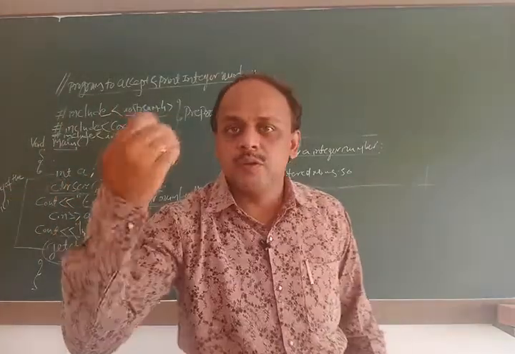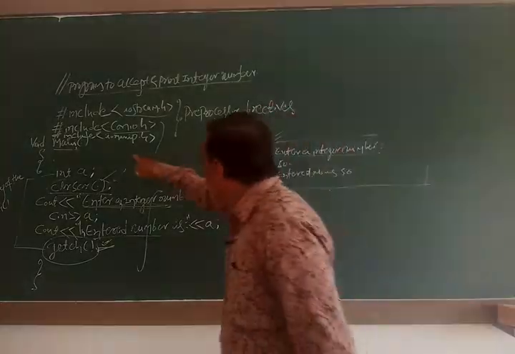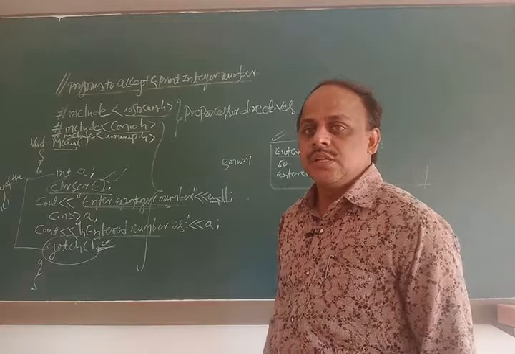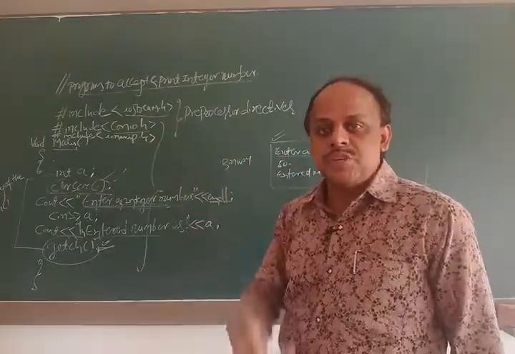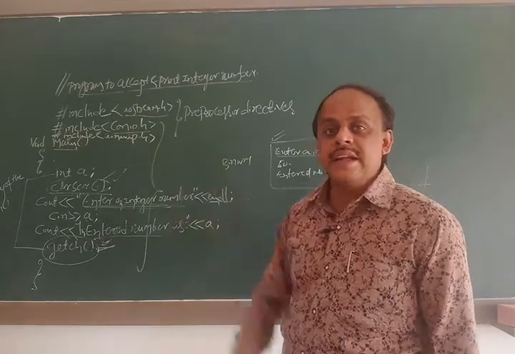So when we are using endl, we have to include one more header file, that is iomanip.h. Like this, whenever we introduce any special thing in our program, we have to add its related header files.